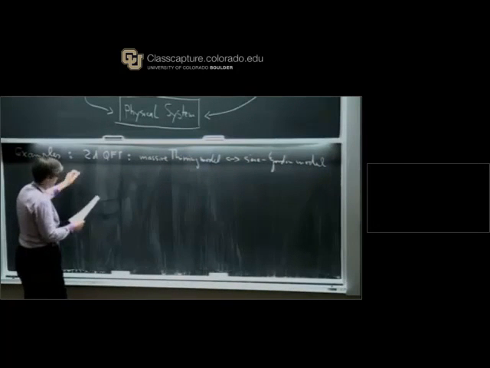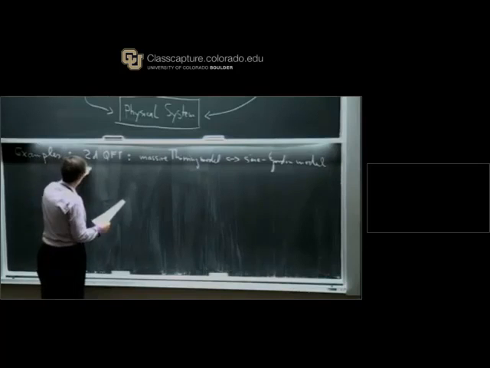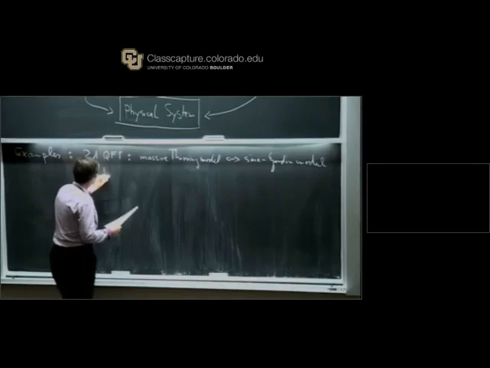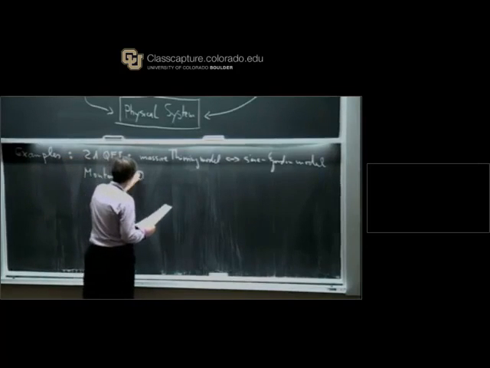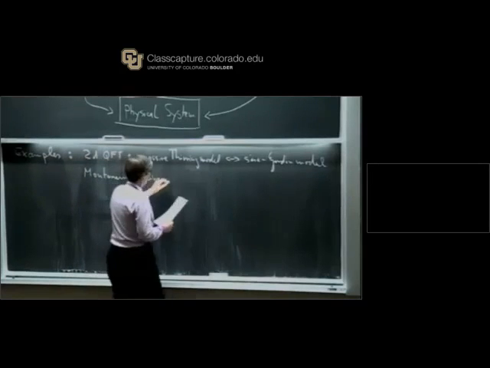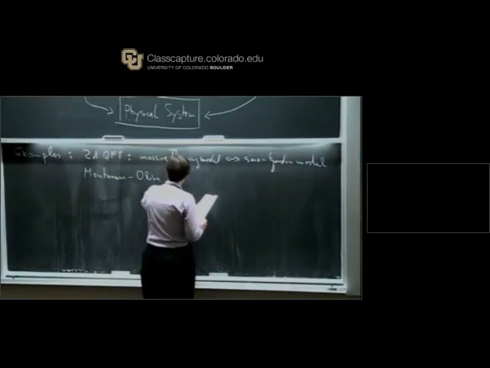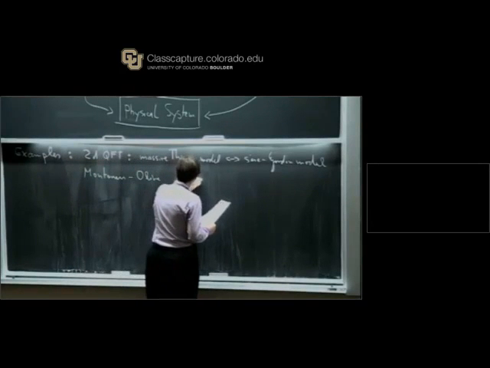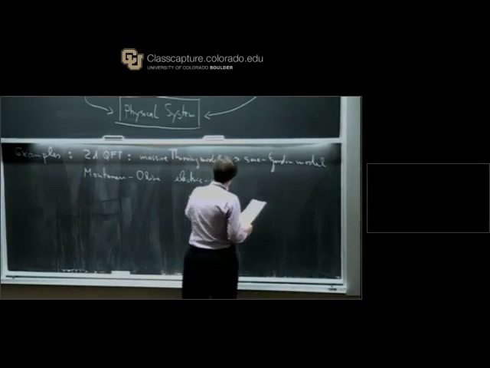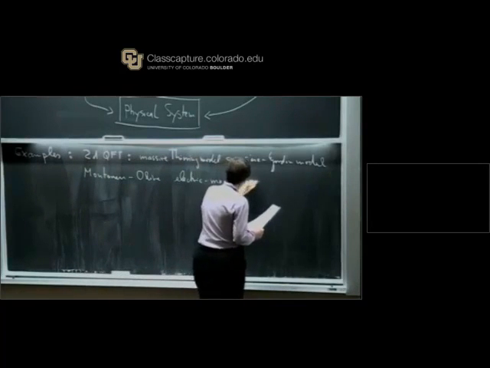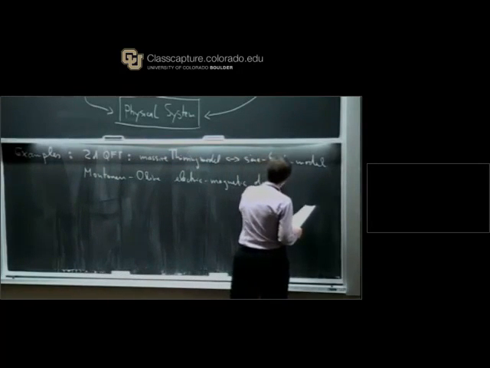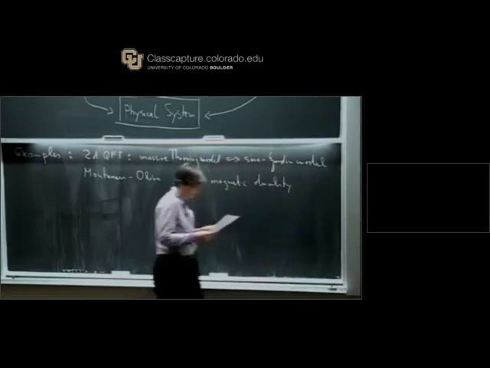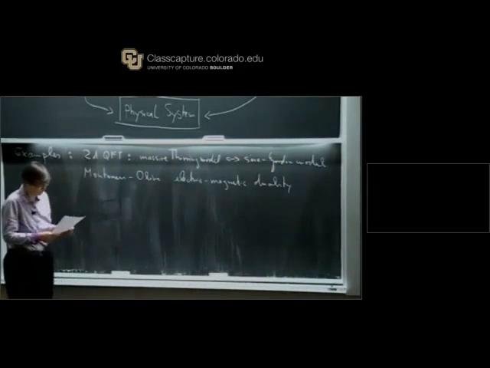Then, of course, there's a very famous duality, which is the so-called Montonen-Olive electric-magnetic duality, which plays a role in particular for N=4 super Yang-Mills theory, which we will discover in this lecture, of course.